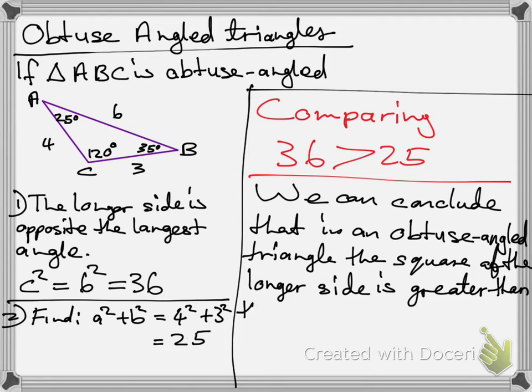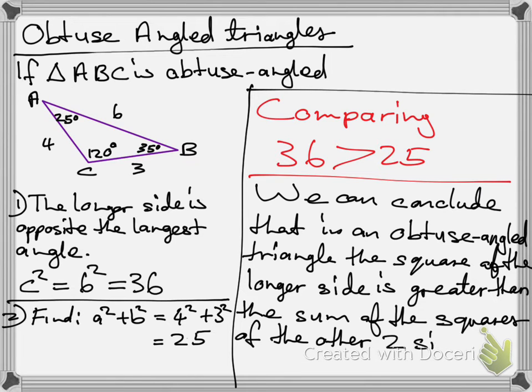Okay, so we have seen now that that is how we can differentiate between an acute angled triangle and an obtuse angled triangle.